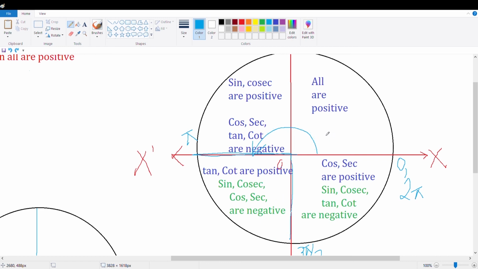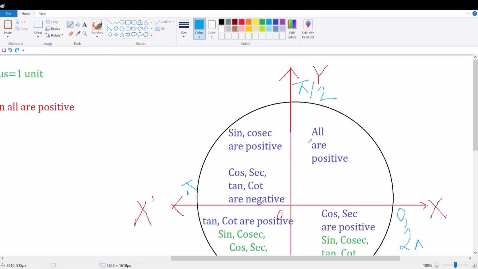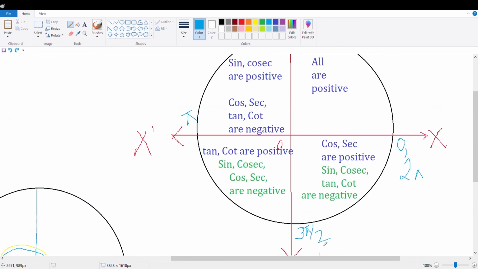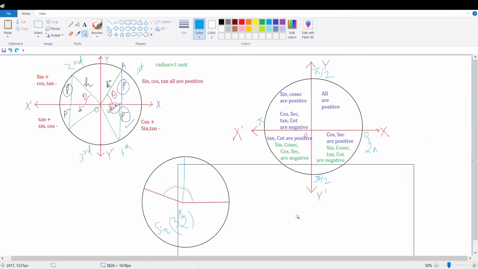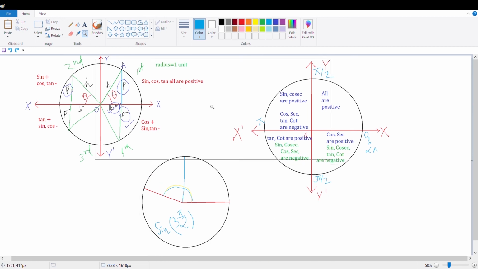Now, if you remember in class 10, what we learned were all positive values, right? Remember, sine 30 degree, 45 degree up to 90 degree. That means all values were in the first quadrant. So all the values we got were positive, there was no negative value, right?